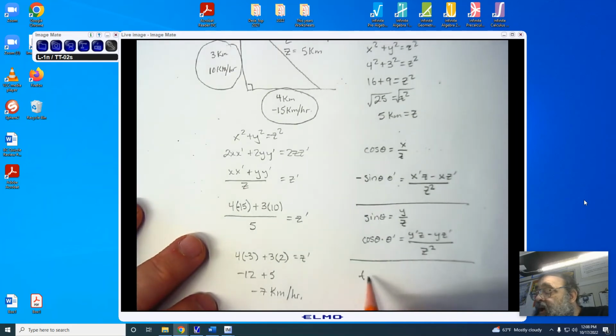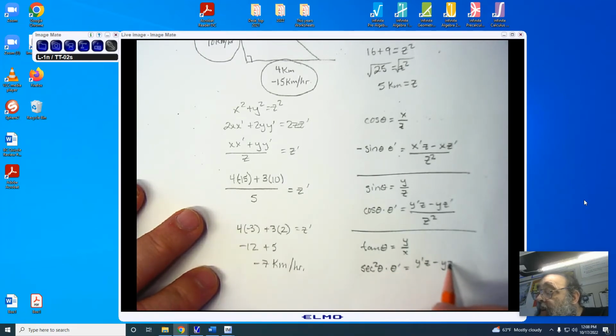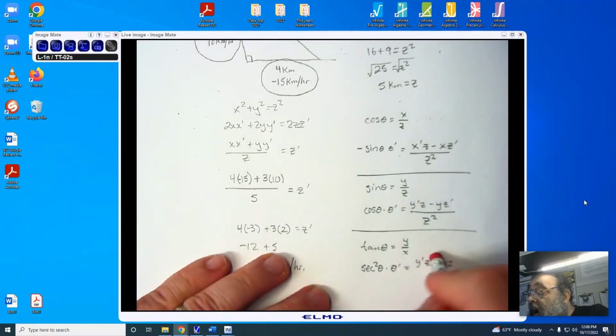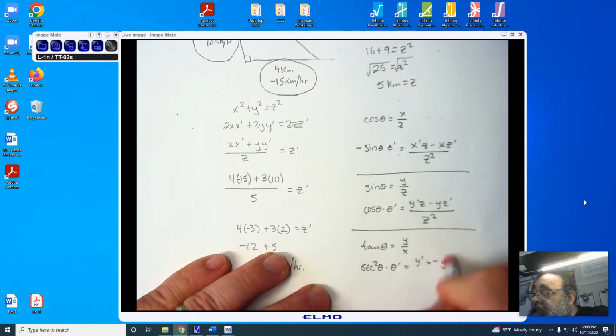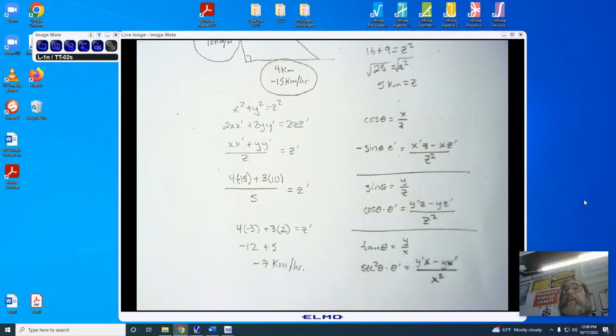But using the tangent allows me to work with my y divided by x, which then becomes secant squared of that theta times theta prime is equal to y prime x minus y x prime all over x squared.